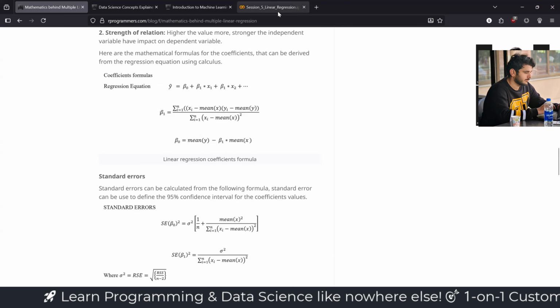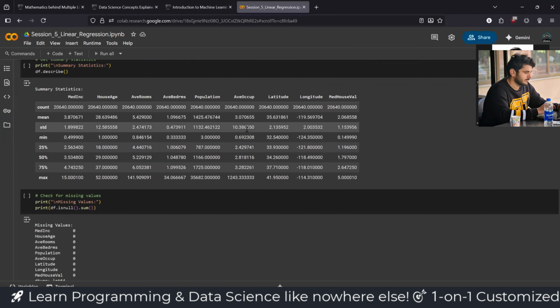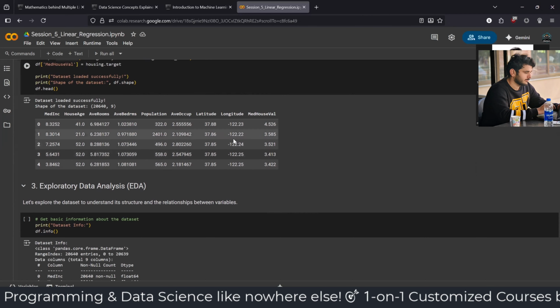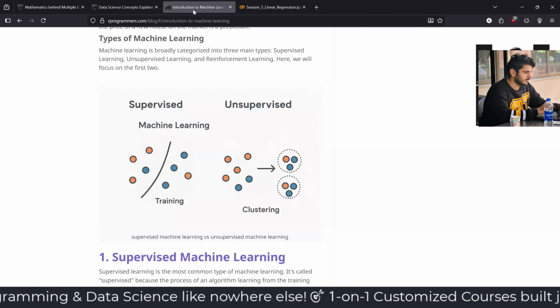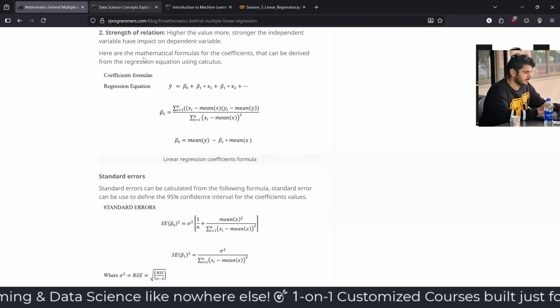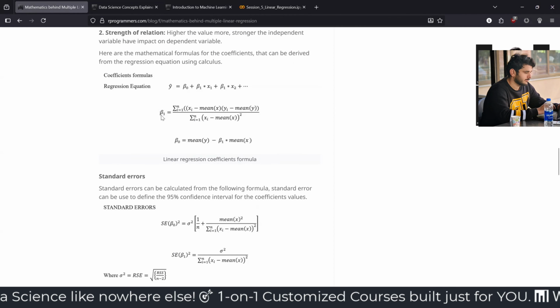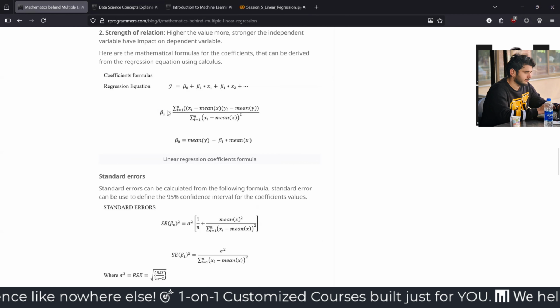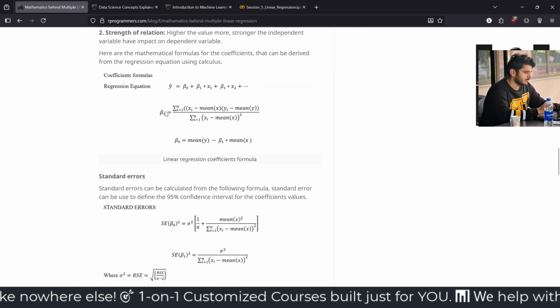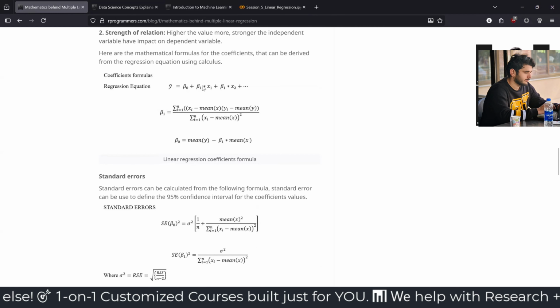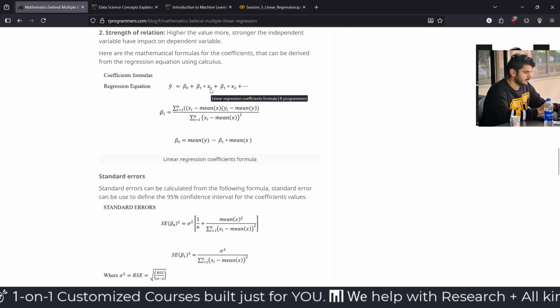Like if we go back to our data set, for example, if we're talking about beta naught, what we basically have is xi. Now beta 1 is basically related to some independent variable in our data set, right? Like in this equation, we have beta 1 associated with some independent variable.